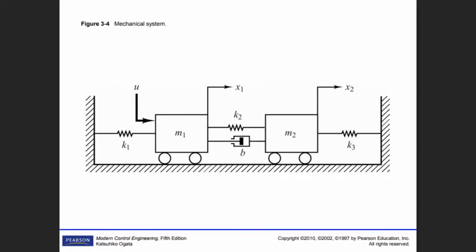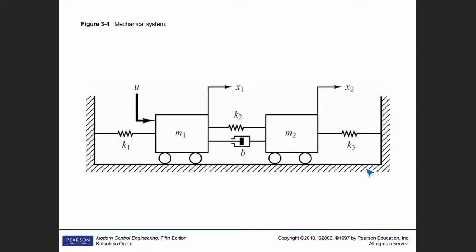There are two reference frames, and there are two cars, and the position of one car is x1, and the position of the other car is x2, and these two cars are connected between them with a friction and spring, and each car is connected to the system with a spring to the reference frame.